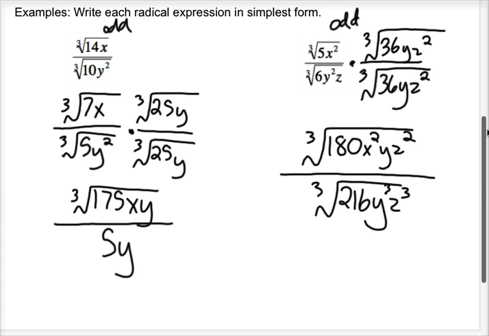And again, what you should notice about that bottom, when you combine them, you should have something that is a perfect cube, okay? The cubed root of 216 is just 6. Your chart should tell you that. Cubed root of y cubed is y. Cubed root of z cubed is z. Again, in the end, you should always get something that can come completely outside the radical. If it doesn't, it means you have not found the right missing pieces to complete the radical.